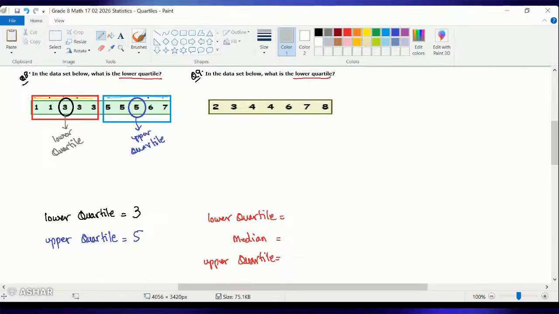We had 7 values. This is the middlemost value. So the middlemost value would always be the median. From the lower half of the values, we can say 3 is the middle value, right?